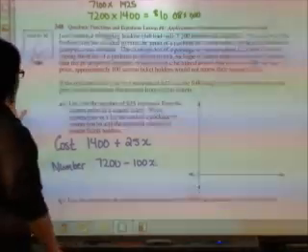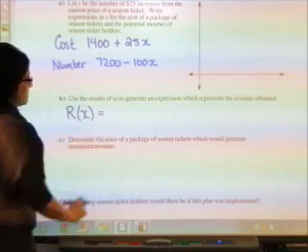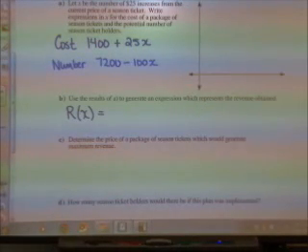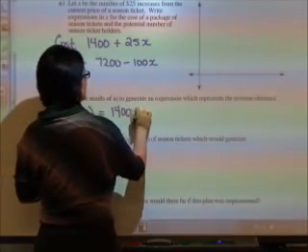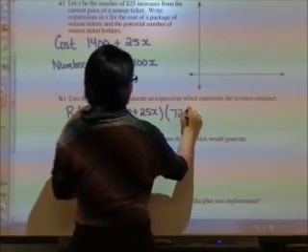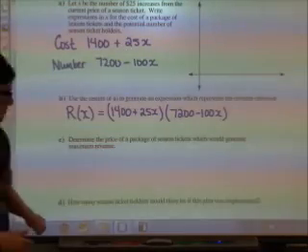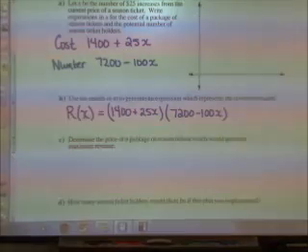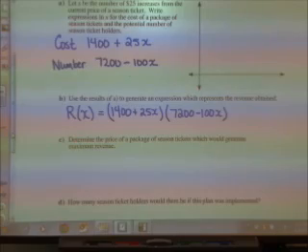So to get my revenue, which I'm going to call R of x, revenue as a function of those increments would be the cost times the number of tickets sold. And question C says, determine the price of a package of season tickets that would generate the maximum revenue.